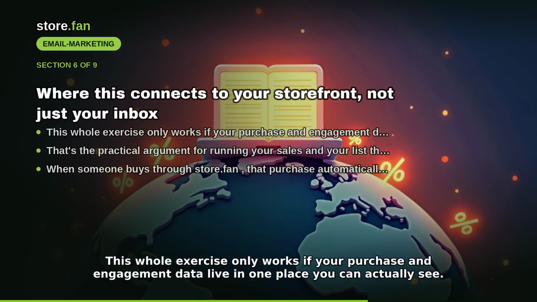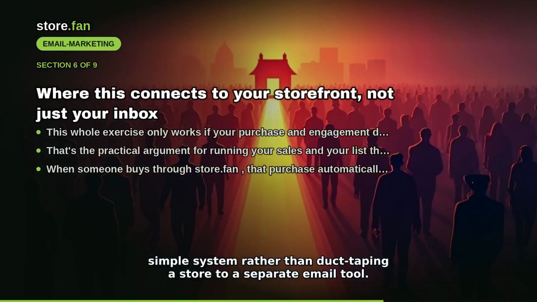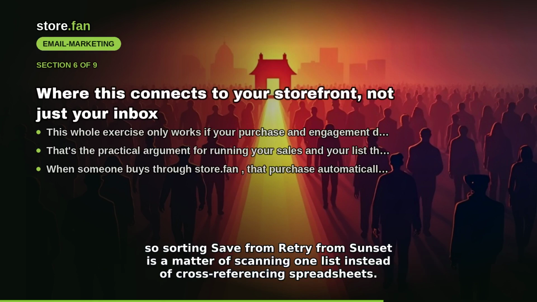This whole exercise only works if your purchase and engagement data live in one place you can actually see. That's the practical argument for running your sales and your list through a single, simple system rather than duct taping a store to a separate email tool. When someone buys through store.fan, that purchase automatically shows up next to their contact record, so sorting save from retry from sunset is a matter of scanning one list instead of cross-referencing spreadsheets.